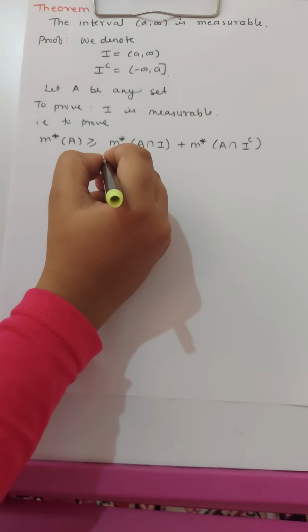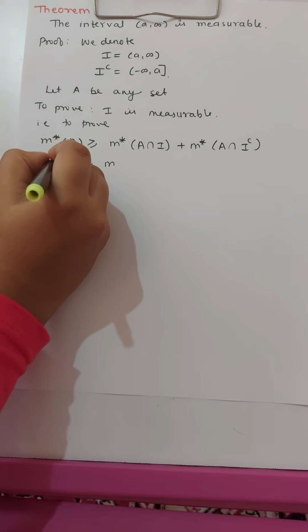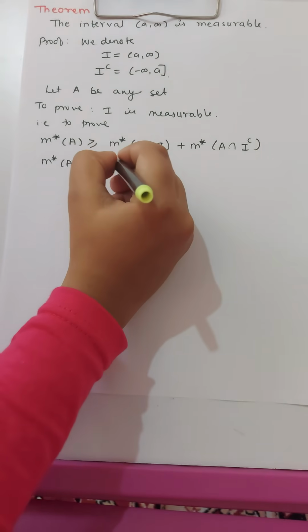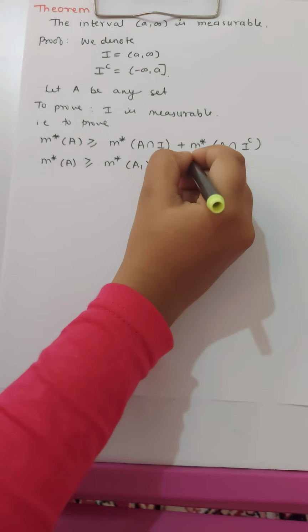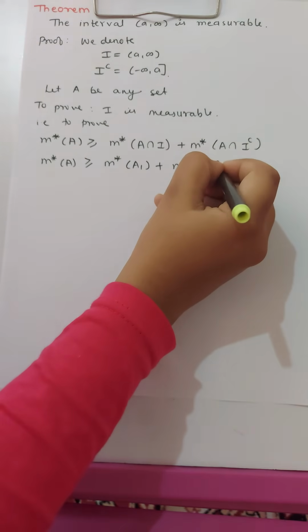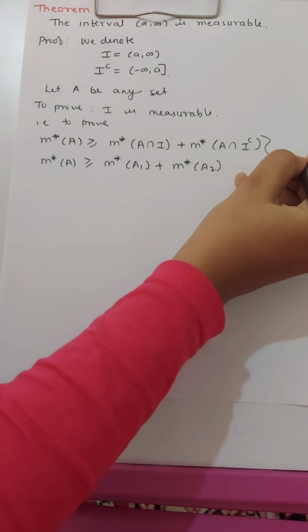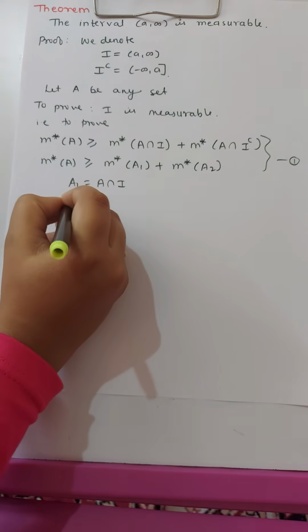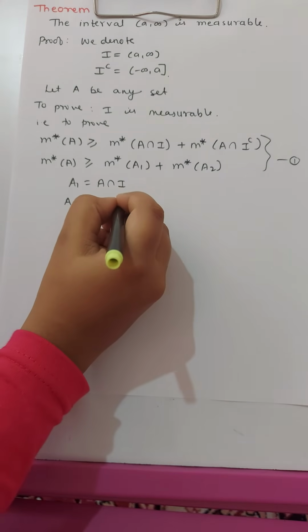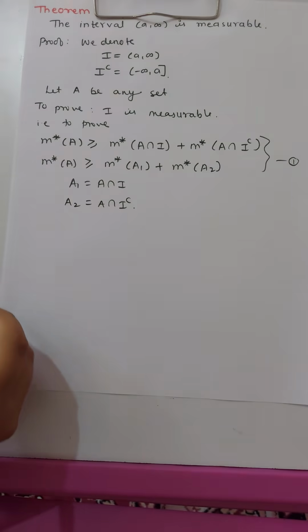So that is outer measure of A is greater than or equal to outer measure of A1 plus outer measure of A2. Let this be number 1, where A1 is equal to A intersection I and A2 is equal to A intersection I complement.